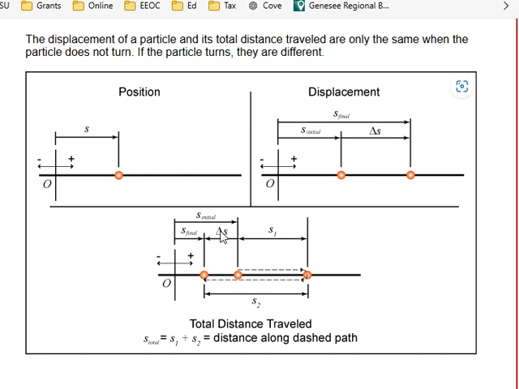It's a little tiny triangle. So the change in the position from here to here is that much. Now we can draw it here. It starts here and then it ends up there. No turn, straight. So therefore the total distance traveled is the same as your displacement.